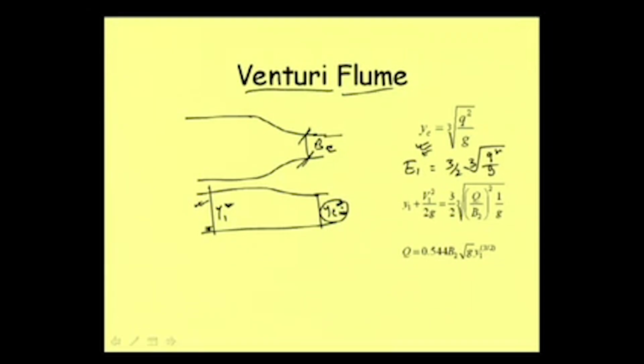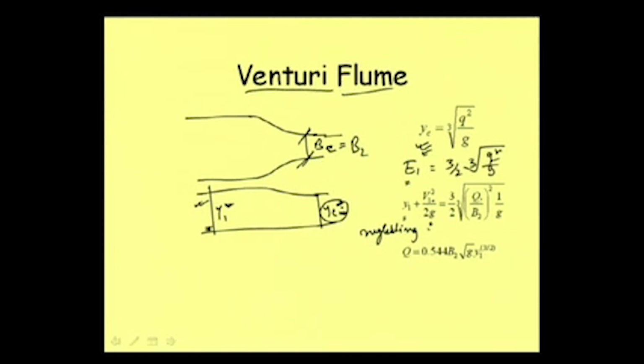And then already we have written in the last page, so similarly we can write that E1 is equal to say y1 plus v1 square by twice g, and 3 by 2 cube root of this q square I am writing as (q by b2) whole square by 1 by g. B2 means this BC, we are talking at the section 2, B2. Okay. So, now here if we neglect this approach velocity, because depth will be rising sufficiently, so velocity with which flow is approaching is almost negligible.